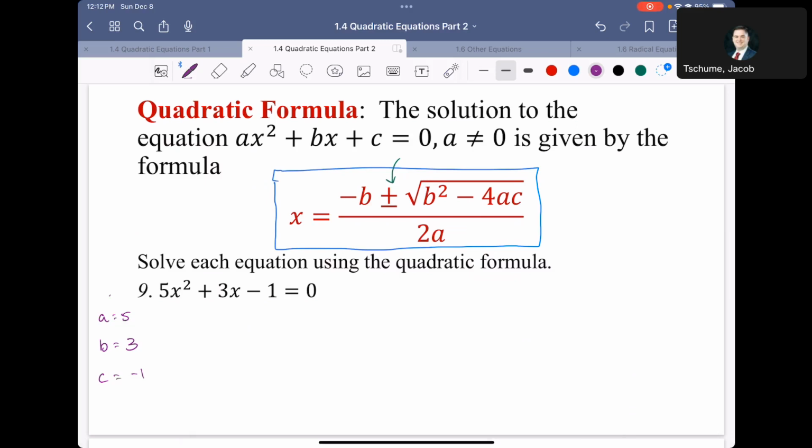All we are going to do is take this quadratic formula and plug the three values in and then simplify. So for us, we will end up getting x equals negative b.